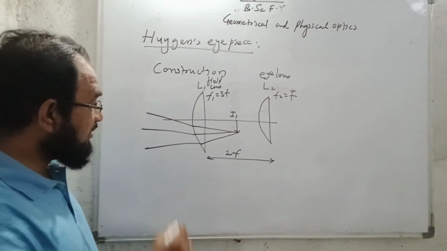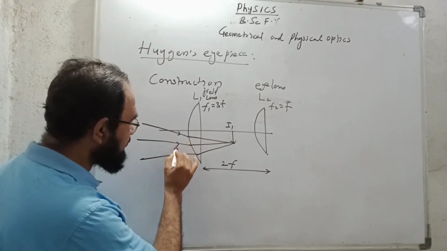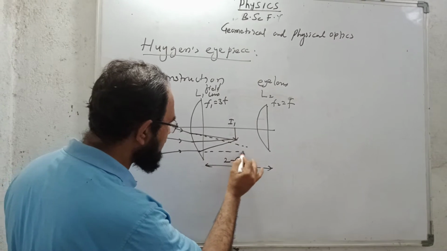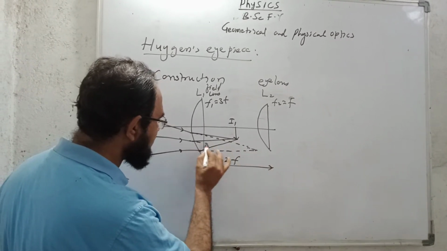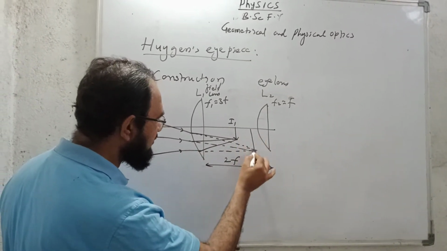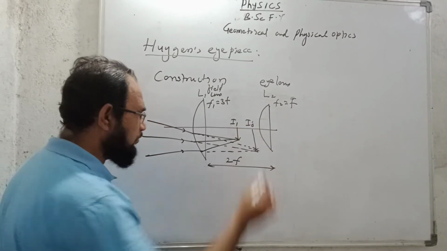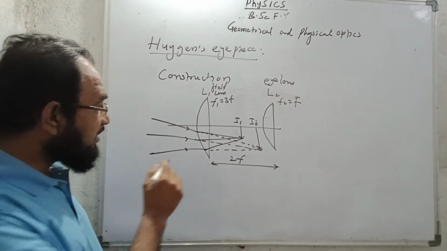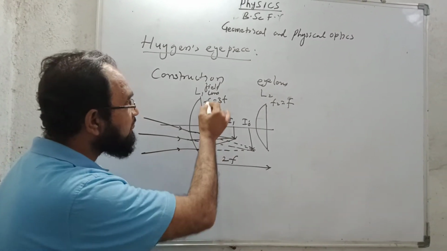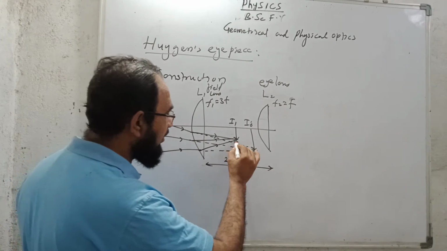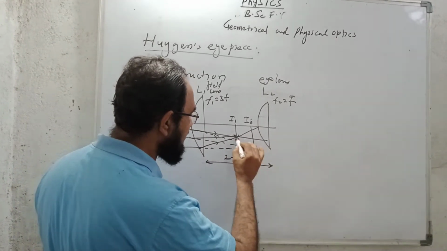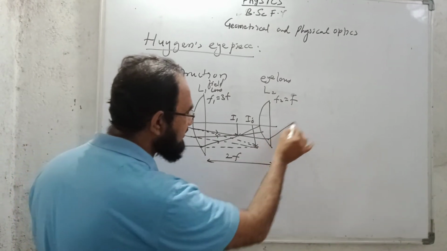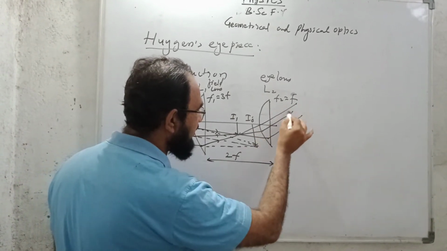But if I extend these objective rays, then the image will form at some other place, known as IO. Now the rays after refraction through the field lens are incident on the eye lens, and after refraction through the eye lens, these rays become parallel.